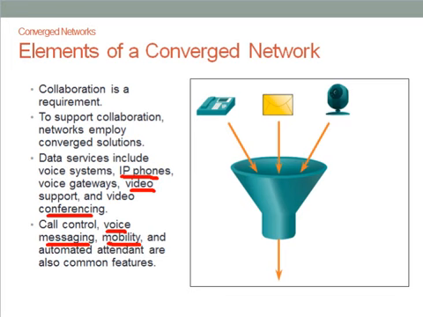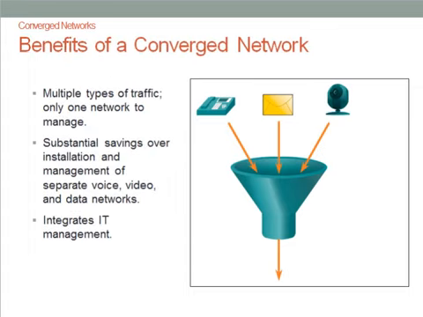All this information is controlled in the network through a converged network. The benefits of a converged network include substantial savings in the installation and management of separate systems for voice, video, and data. It also simplifies the management of the IT systems.